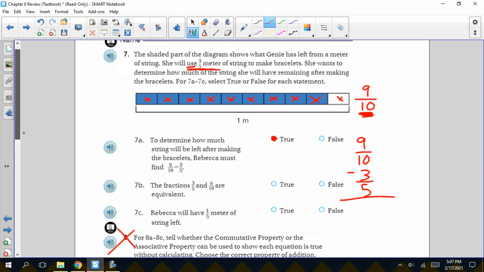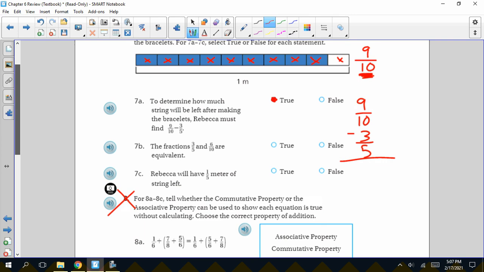Part B then says the fraction 3/5 and 6/10 are equivalent. Well, what they're asking is, the next step says always to find a common denominator. Well, if I count by tens and I count by fives, they both can turn into 10. So 10 is our least common denominator. The question was, is 3/5 equivalent to 6/10?